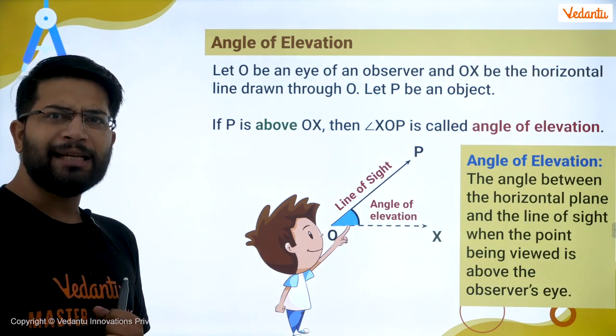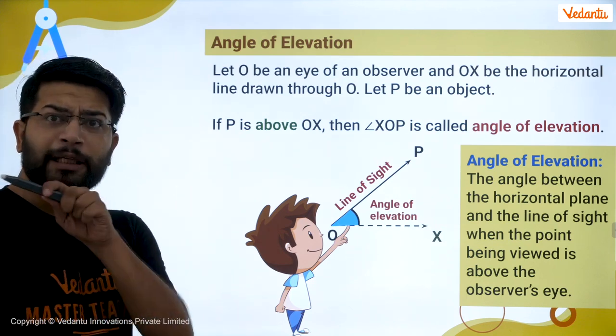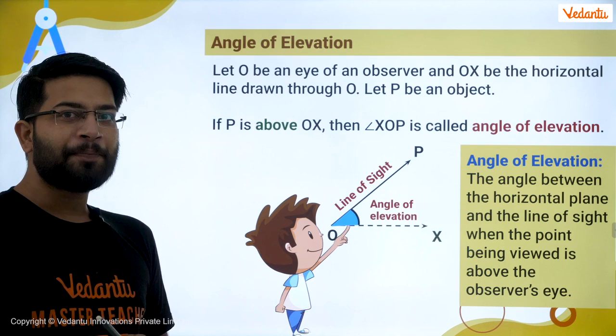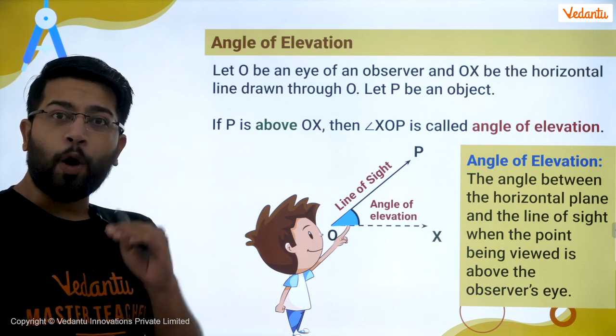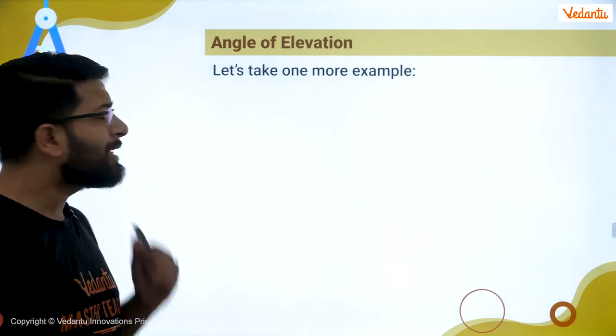So we can say very easily that the angle between the horizontal plane passing through the eye of an observer and the line of sight will be known as the angle of elevation if my object is above the observer.